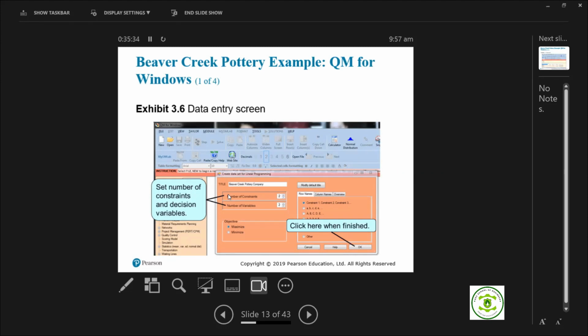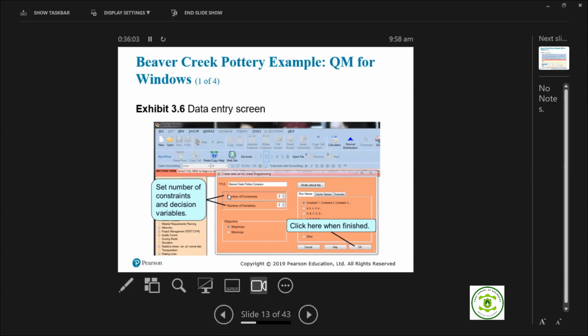So for the Excel QM, once you have it installed, you double click to open it. This is a window that will come. Under the models listed here, to the extreme left, you will see linear programming.